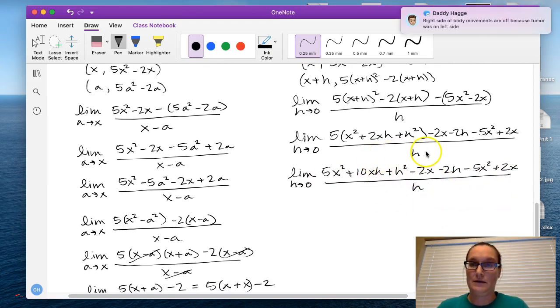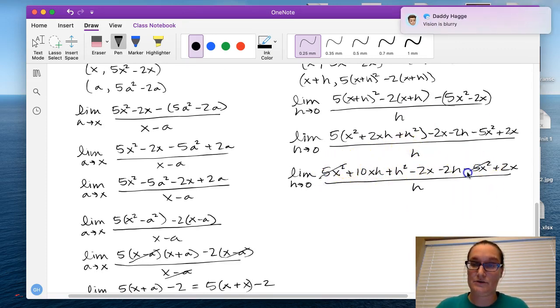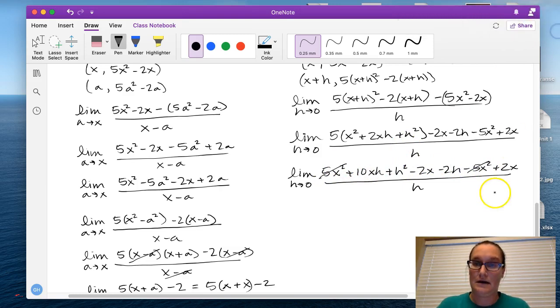All right, so then things are able to be canceled at this point. So our 5x squareds can be canceled. The 2x's can be canceled, and we can maybe combine some like terms. I don't think there are any like terms actually. So we get 10xh plus h squared minus 2h all over h.